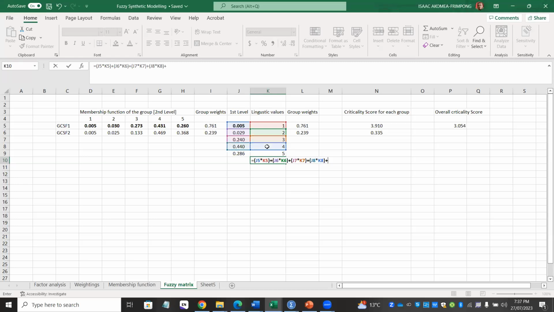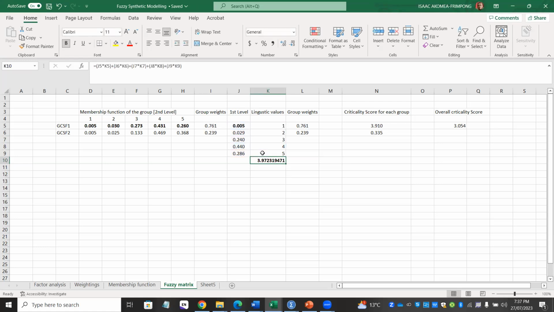We just want to determine the critical level or the critical value overall, because now we have the first level, so now we need to know the overall. So that's what I'm doing. And then this by that.